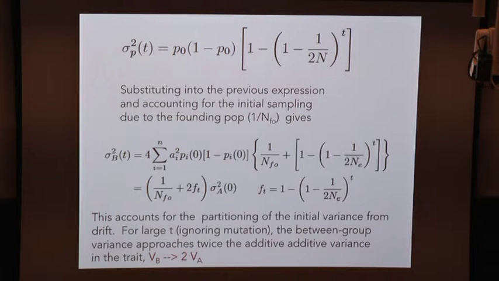We have an expression that can predict what the between group variance is going to be, and it's simply a function of the amount of inbreeding, that's the effective population size times time, times the initial additive variation. So if I just know the initial additive variation, T and NE, I can get an expected divergence in terms of the variance. Then I can ask if that's either too large or too small, given my estimate of NE and T, relative to the pattern I actually see.